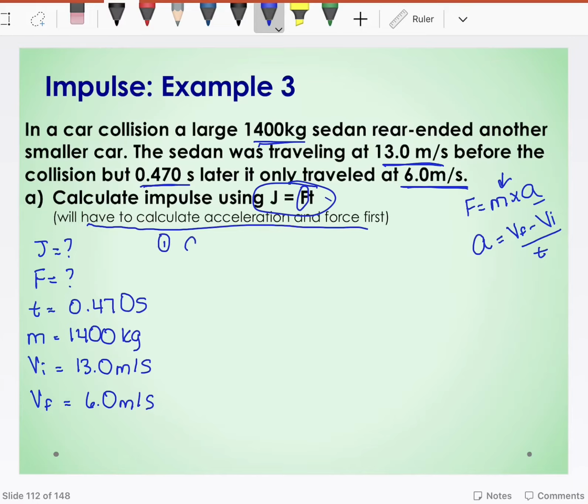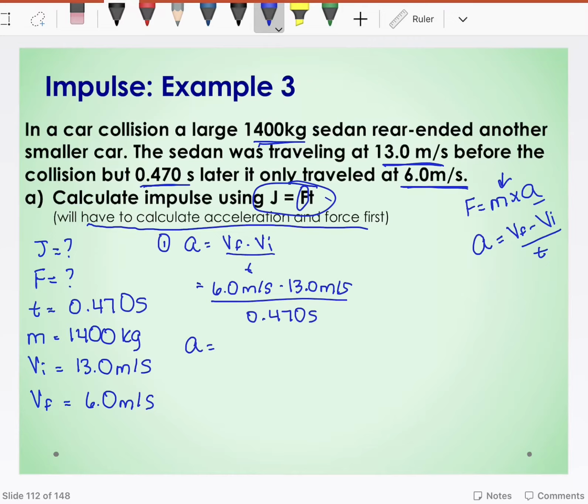All right, so step one, using this formula, I calculate acceleration. 6 meters per second, subtract 13 meters per second, divided by 0.470 seconds.